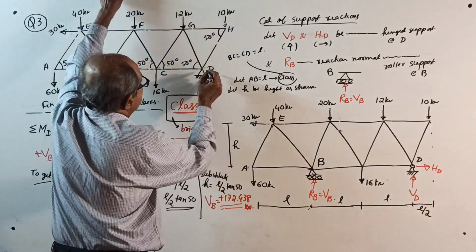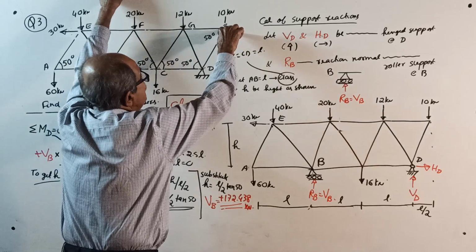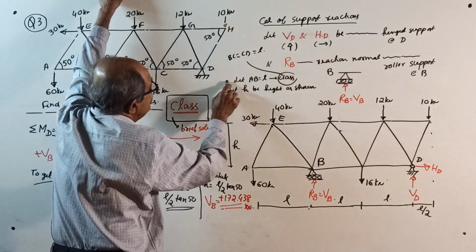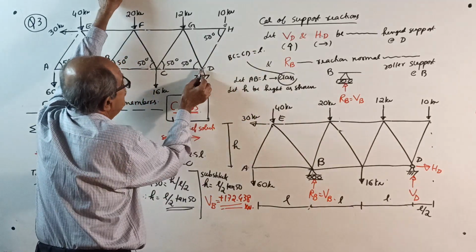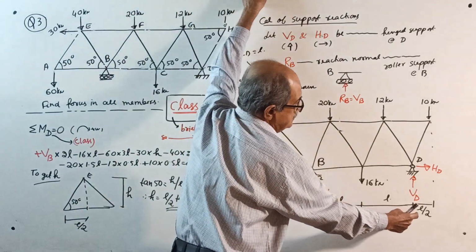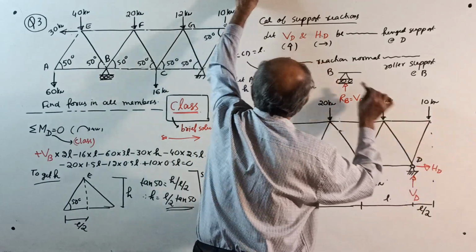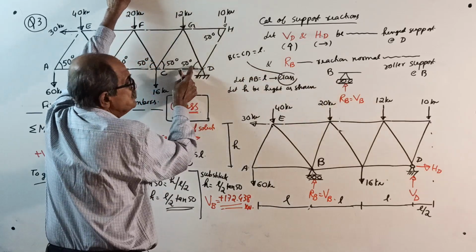Then, see, when you project here, this is 50 degrees. If I continue the same way, again it will be L. So the horizontal distance from D to the projection of H here will be L by 2. If you do this way, it is an isosceles triangle.